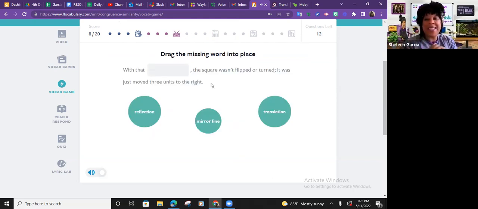All right, with that blank, the square wasn't flipped or turned. It was just moved 3 units to the right, slide to the right, slide to the left. What is that? A reflection, a mirror line, or a translation? When you slide.